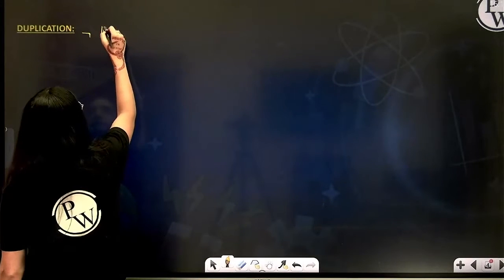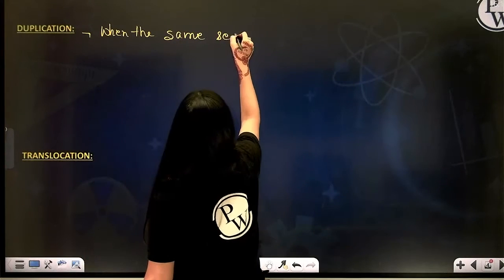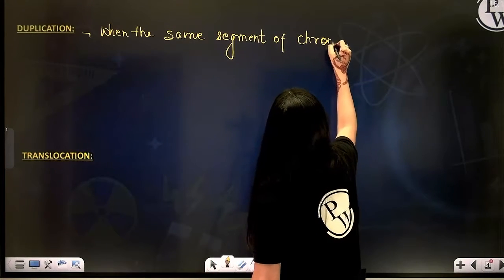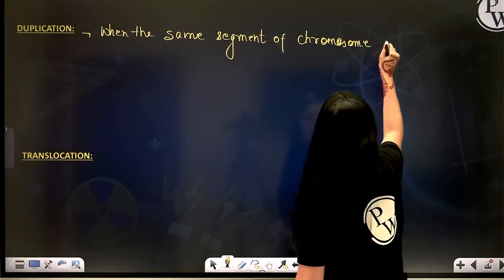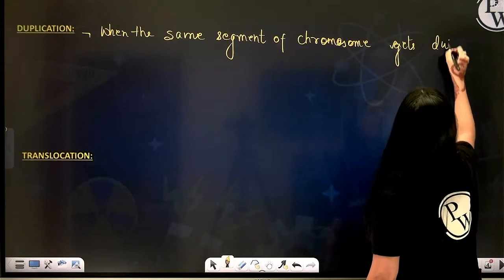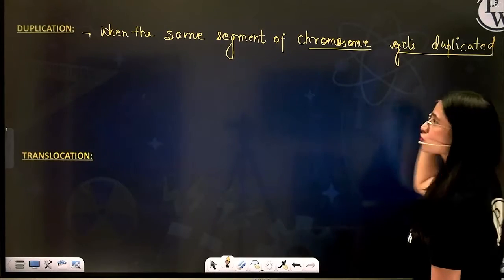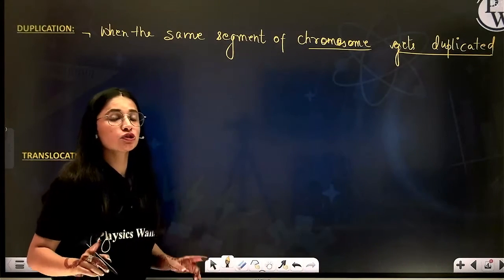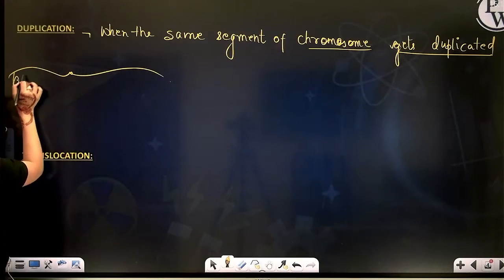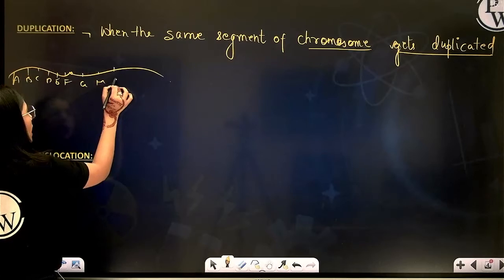So when the same segment of a chromosome gets duplicated, then it is known as duplication mutation. For example, see, this was the chromosome having different genes like A, B, C, D, E, F, G, H, I, J.